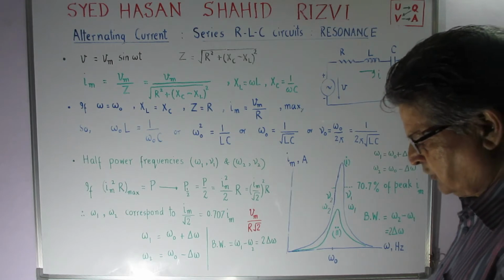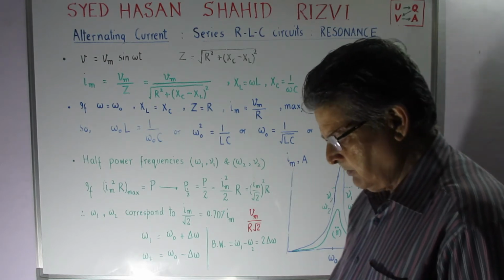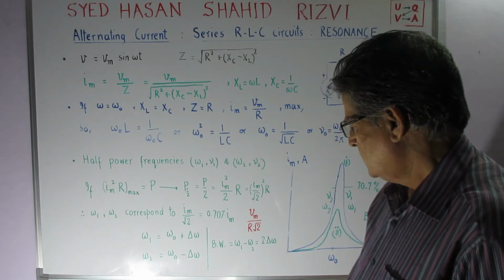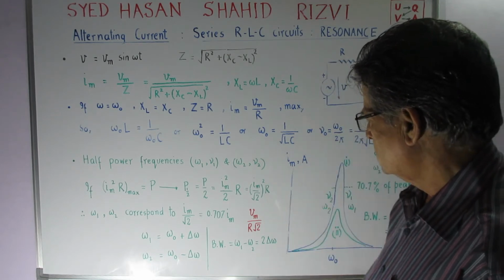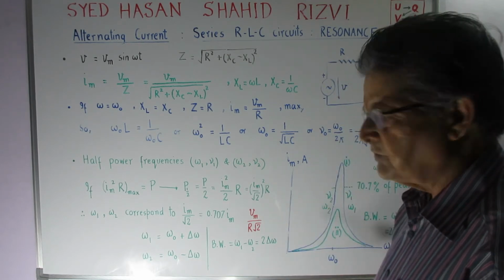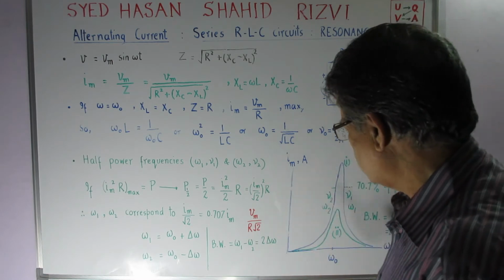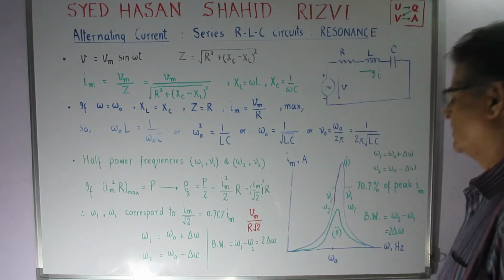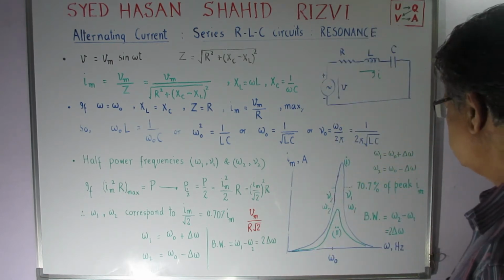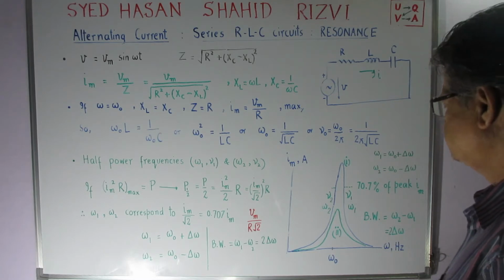Sometimes the instruments are the galvanometer type, and sometimes some kind of thermal instruments are also used. We have not talked about that, and we will not. Just we don't want to confuse you.